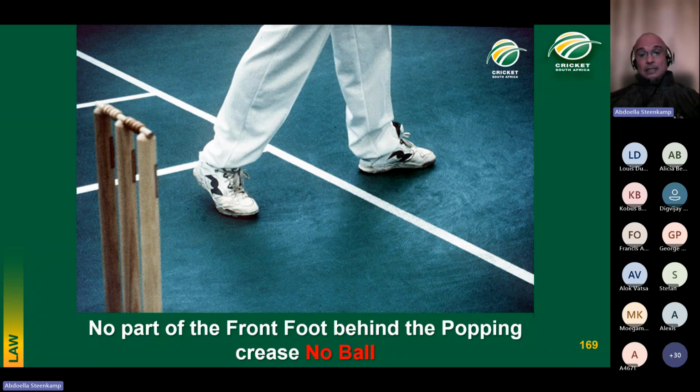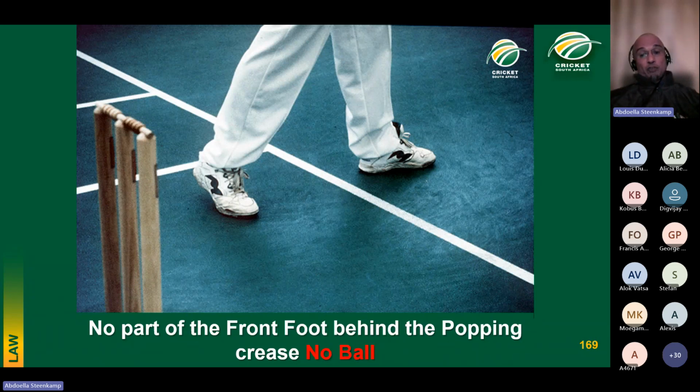Again, I mentioned it earlier. You need to judge the first landing. Let's assume this is the first landing. Upon first landing, if there's no part of the front foot, grounded or raised, behind the back edge of the popping crease, then it's a no ball. But you often find bowlers, upon first landing, have their foot behind the popping crease, and then the foot will slide and end up, let's say, in this position.